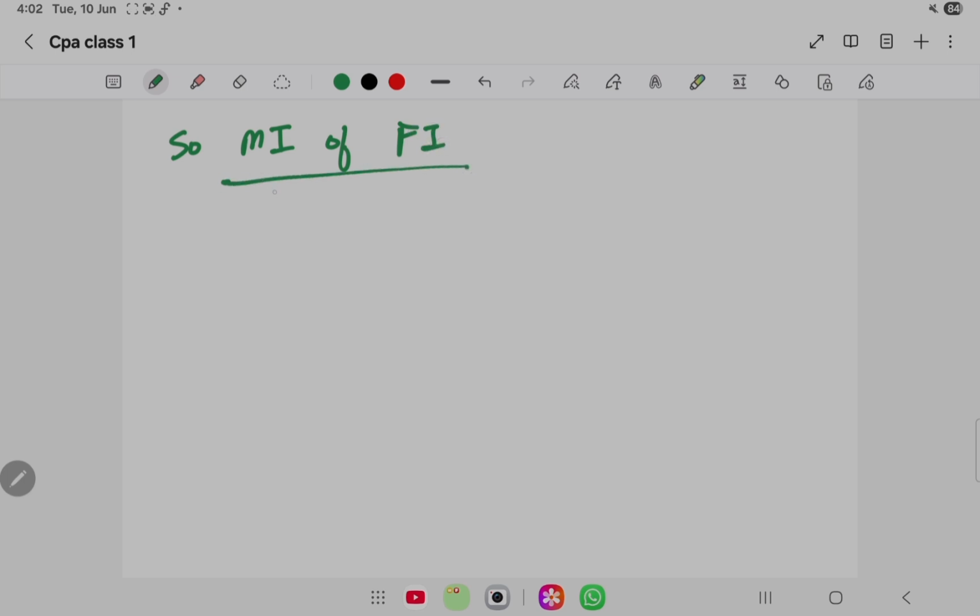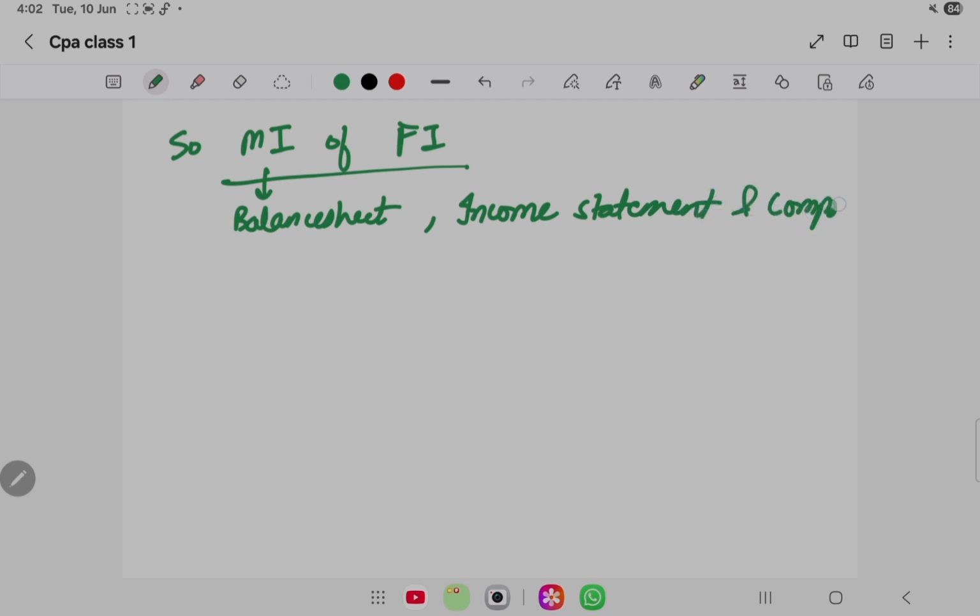In module 1, which is of balance sheet, income statement, and comprehensive income, we are going to learn about 9 topics. 9 topics will be there.